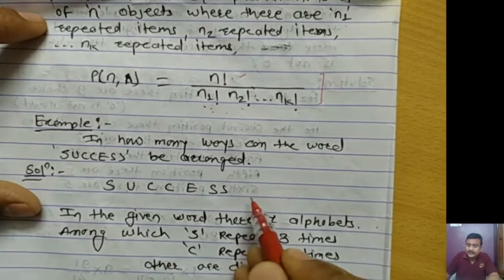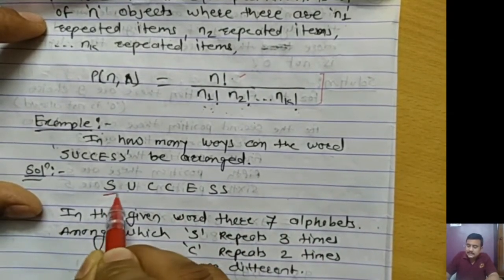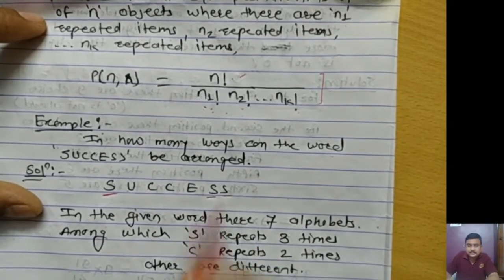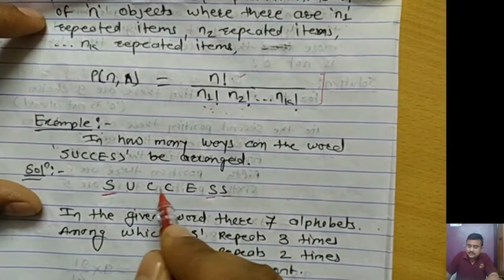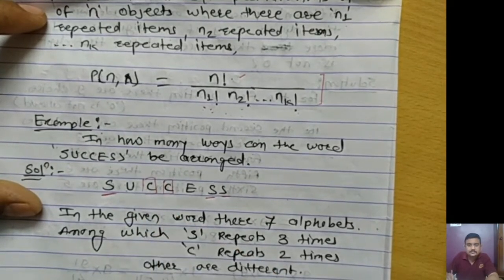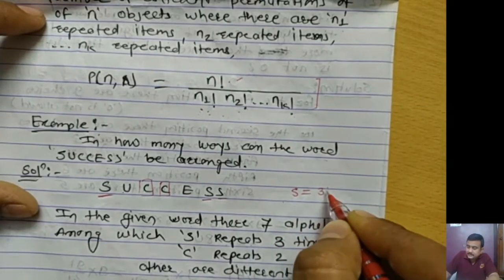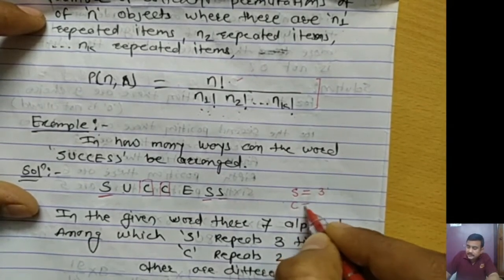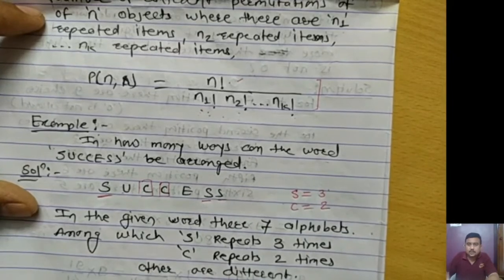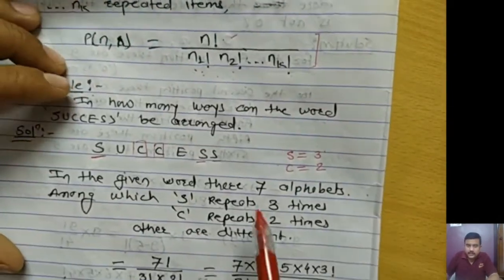Now in the word success, the alphabet S is repeated 3 times, and the alphabet C is repeated 2 times. So we have to use all the alphabets in this word. That's why we are writing over here.